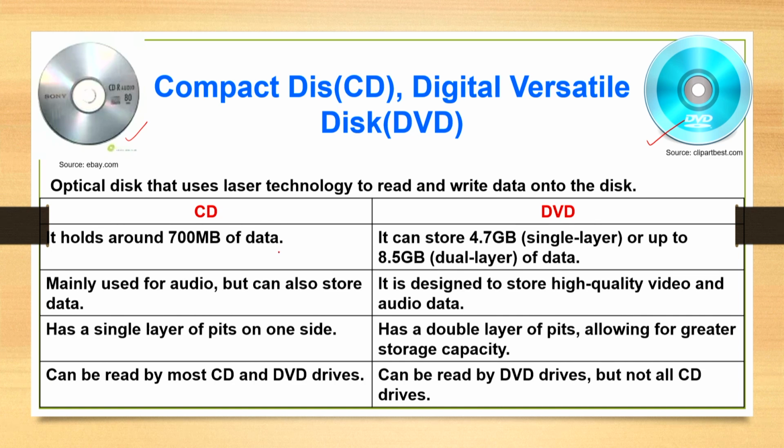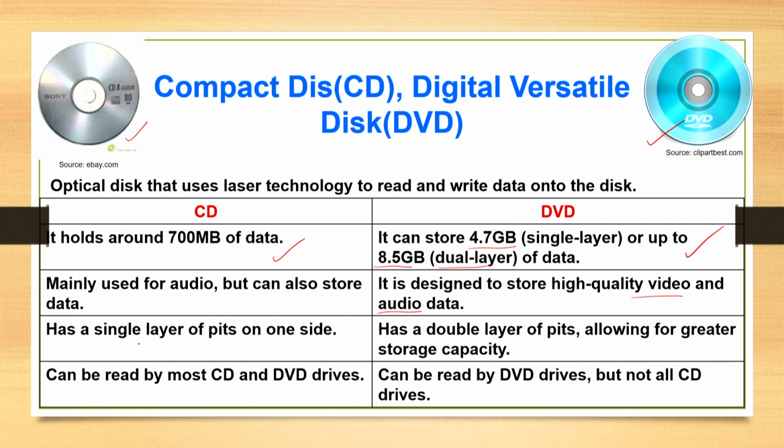Yes, capacity wise CD is smaller than the DVD, as CD holds around 700 MB of data, while DVD can store 4.7 gigabytes single layer or up to 8.5 gigabytes dual layer. CD is mainly used for audio, but can store other data also, whereas DVD is designed to store high quality data, so it is used to store video and audio data.